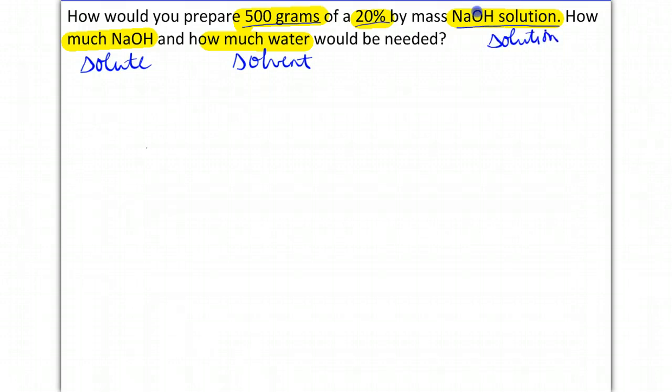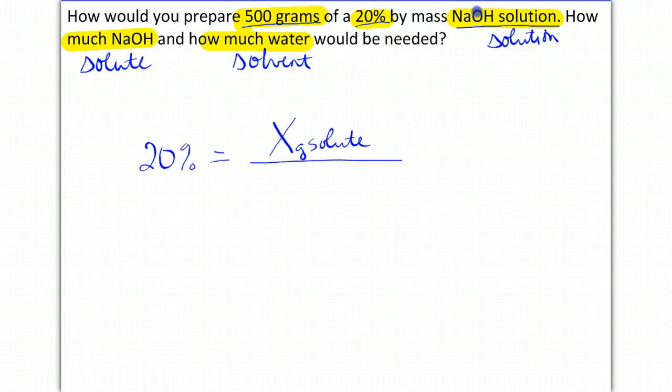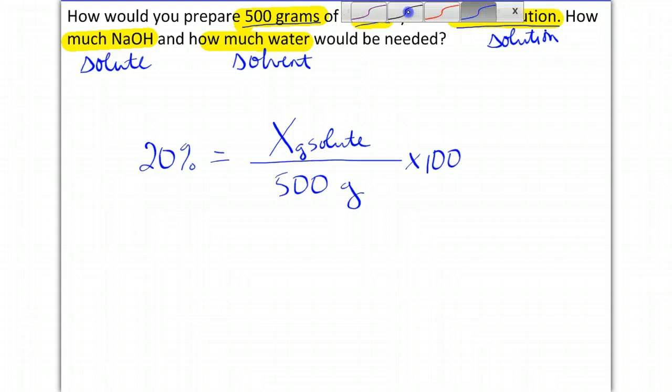So the equation is going to be set up 20% equals, I don't know my amount of solute, but I do know that the amount of the solution is 500 grams, and all times 100. First step is going to be to divide both sides by 100, which will cause this to cancel.